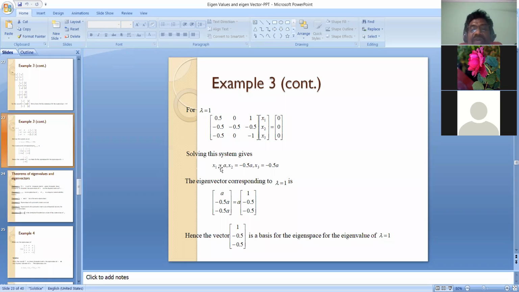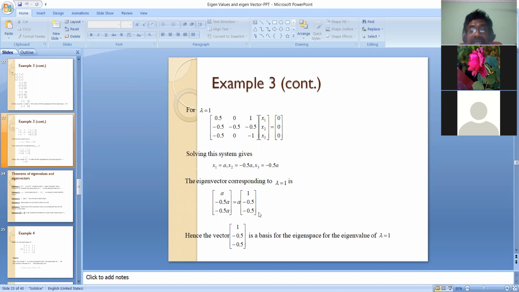We get x1 equal to a, x2 equal to minus 0.5 into a, x3 equal to minus 0.5 into a. So the eigenvector corresponding to lambda equal to 1 is a, minus 0.5 a, minus 0.5 a. Taking a as a common factor, we get 1, minus 0.5, minus 0.5 times a.